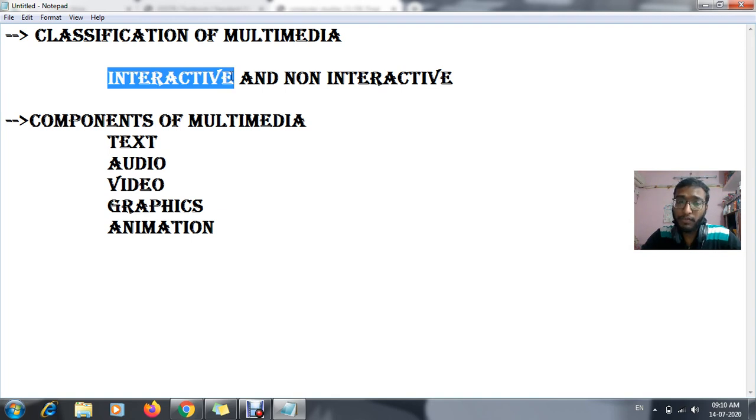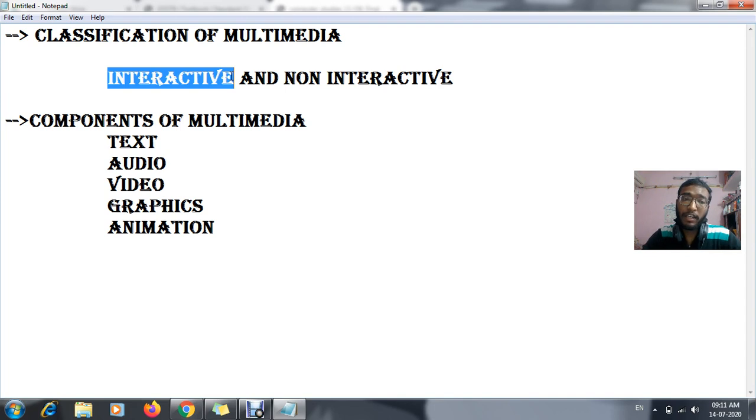The best example of non-interactive multimedia is TV live news. Whenever you skip any live channels or live updates, we won't be able to regain them. This is known as non-interactive multimedia.